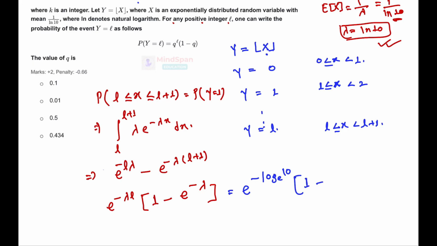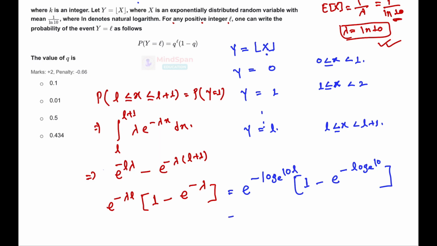So here you will have to use some properties of the logarithm. So 1 minus e to the power minus log base e of 10, right? And here we have missed the l, so here it will be l also.